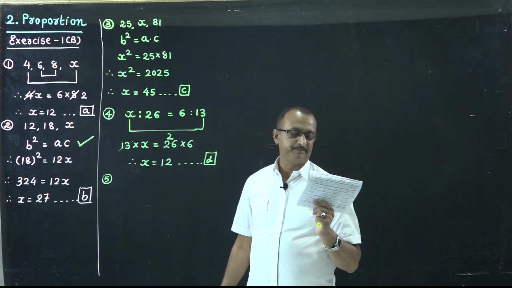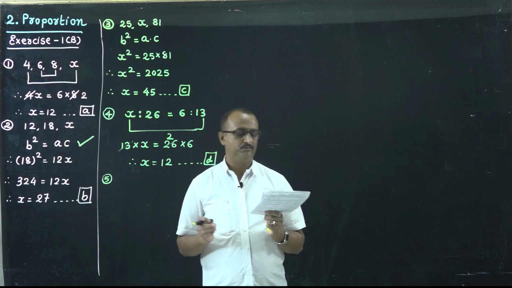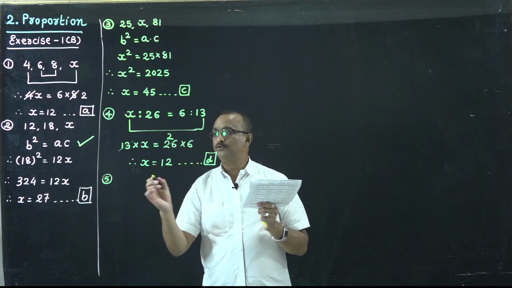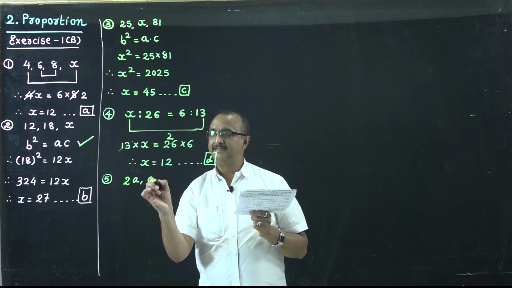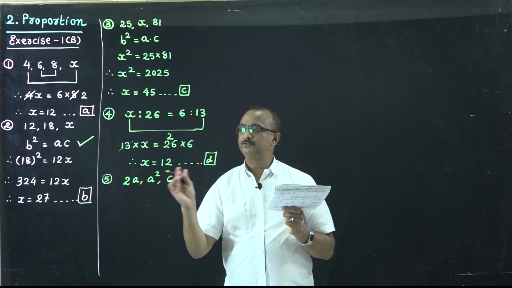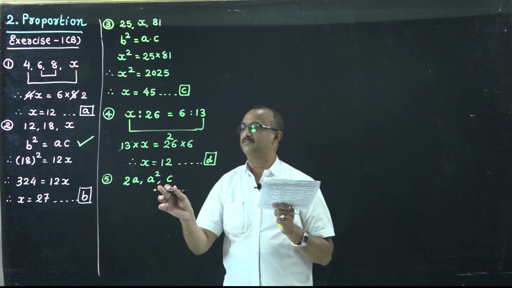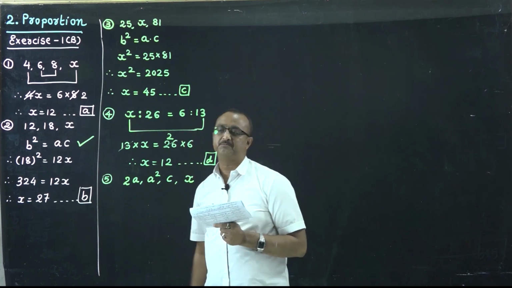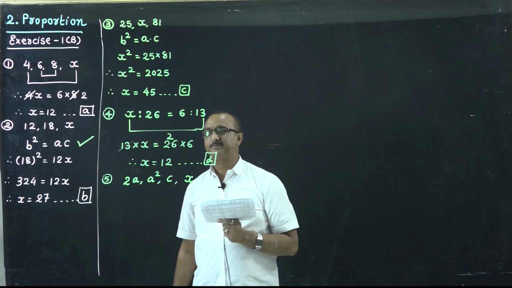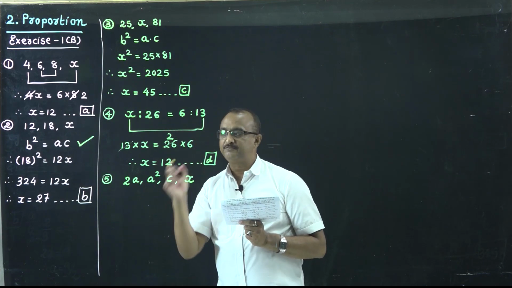Question number 5. The fourth proportional. See, which question is asking? The fourth proportional of 2a, a square and c is. So we have to find a fourth proportional. We are putting x instead of the fourth proportional. Again, what is our formula?